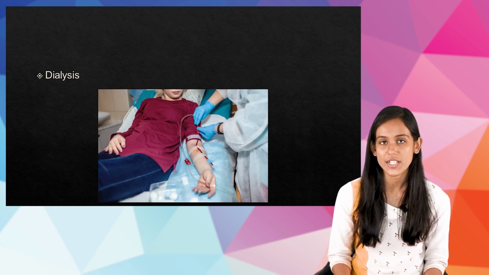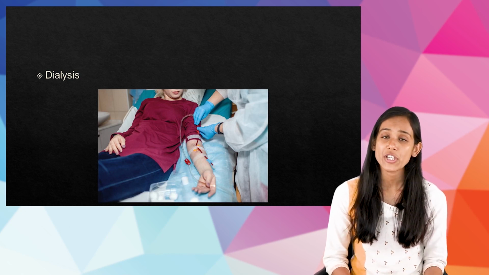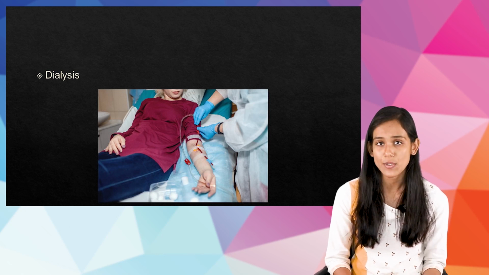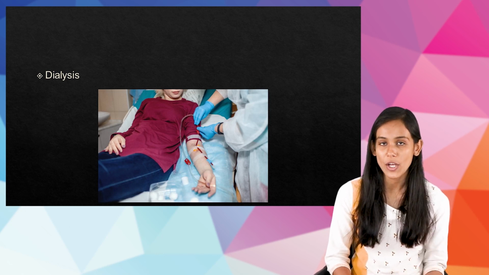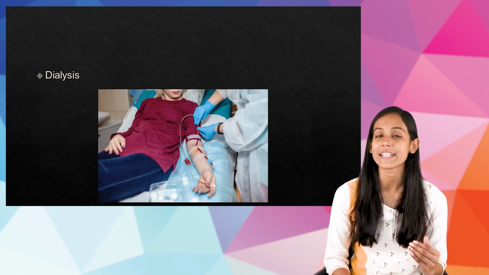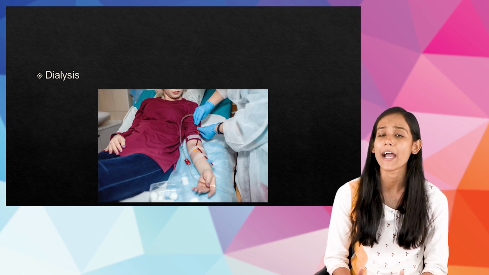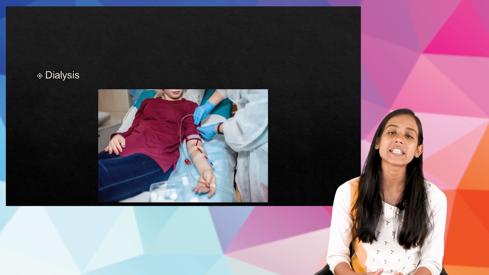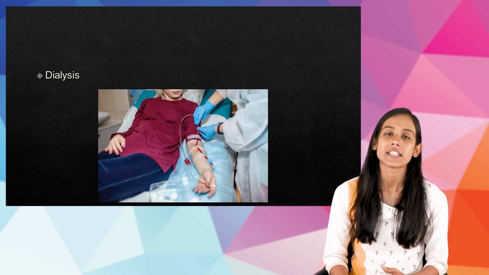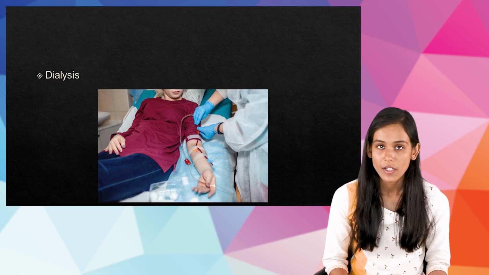And then if there is congestive cardiac failure, pulmonary edema, severe acidosis, or neurological problems due to uremia, and hyponatremia and hyperphosphatemia. These are the things that will indicate whether we should go for dialysis or not.